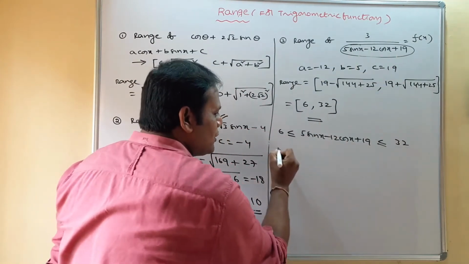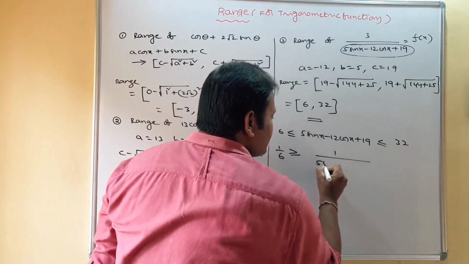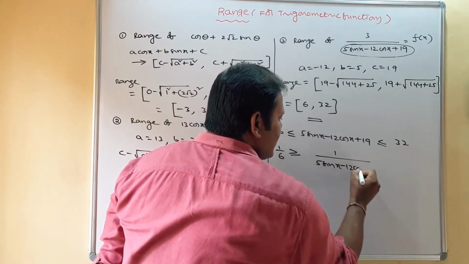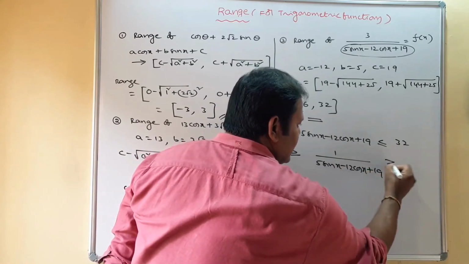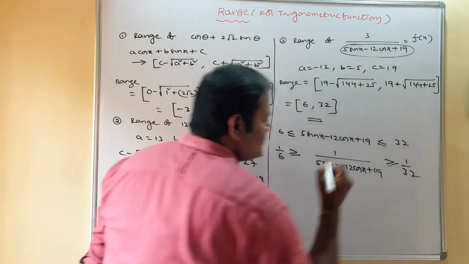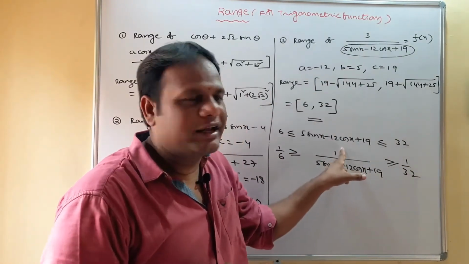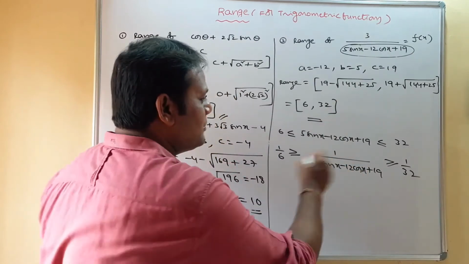Take reciprocal: 1 by 6 greater than or equal to 1 by that 5 sin x minus 12 cos x plus 19, greater than or equal to 1 by 32. Now you multiply this with 3. Then you can get the given function. So multiply with 3.